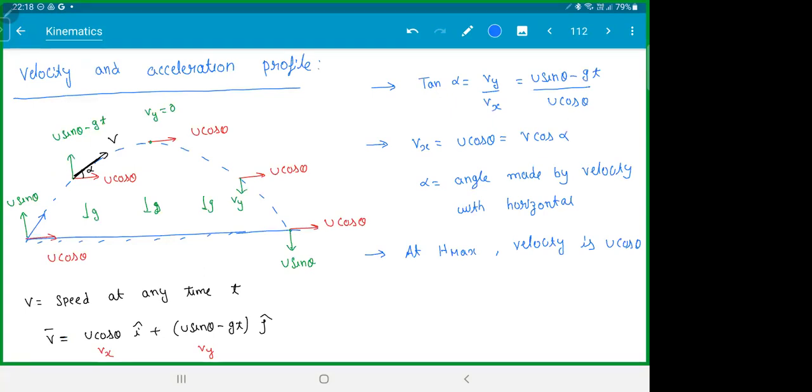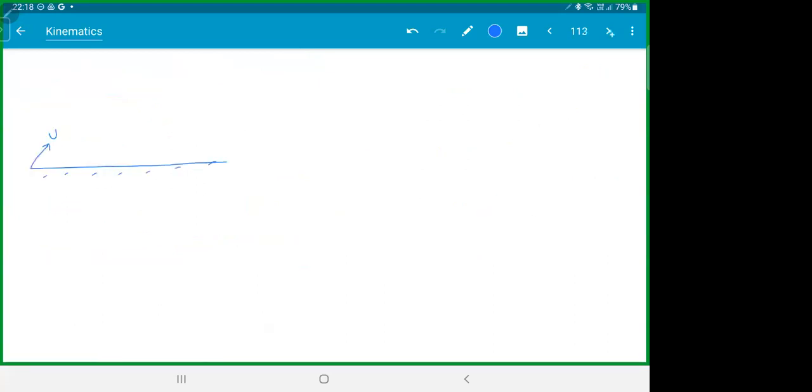Check it out. Have a look at this. The u and theta. So if you take this point as x comma y, this would be your position vector. This would be your velocity vector.